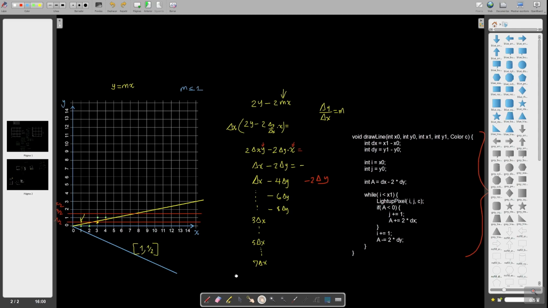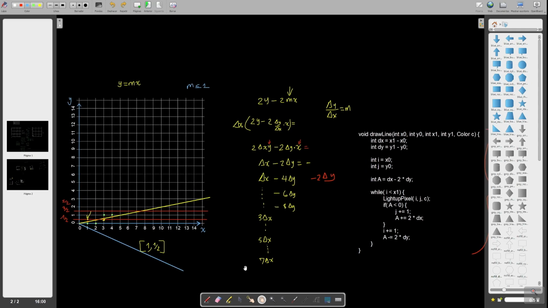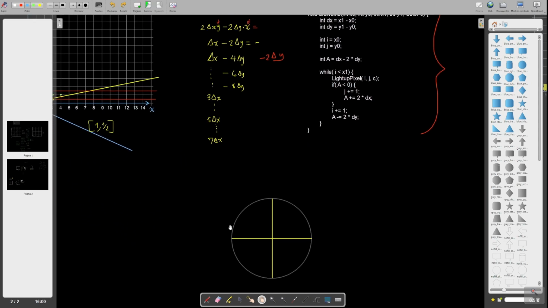So how can we fix it? Remember that our Cartesian plane is something like this, and with this logic we are able to draw lines only in this section, because our logic was made for this section of the Cartesian plane.